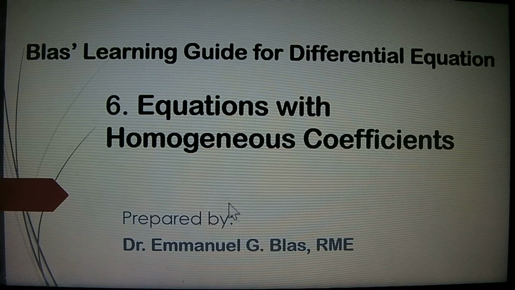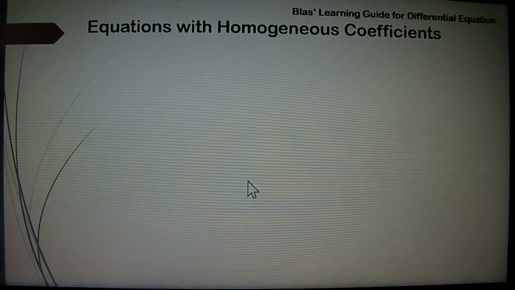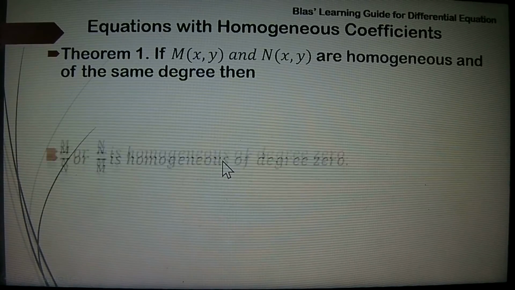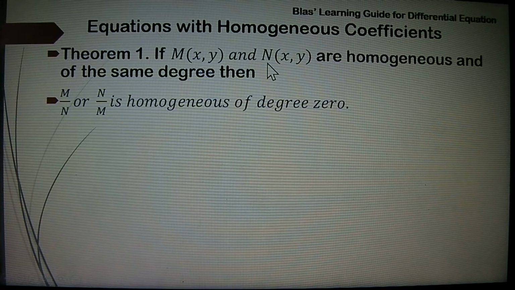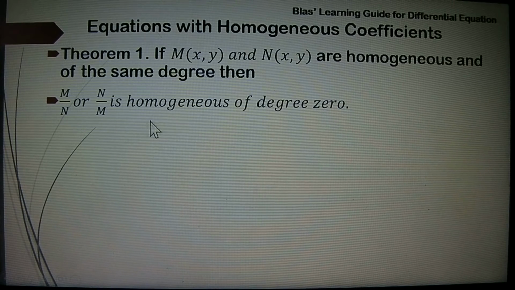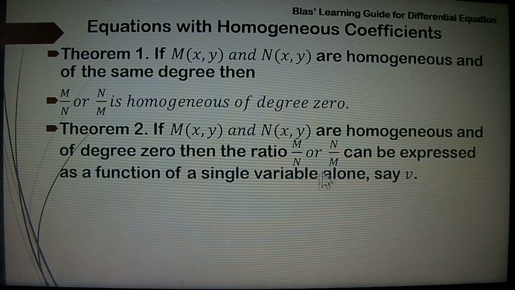So we shall have now the equation with homogeneous coefficient, taking into account the theorem that we shall be having. Theorem 1: the coefficients are functions of both x and y, and they have the same degree. So this is the condition for theorem 1. Theorem 2 will be a function of a single variable alone.